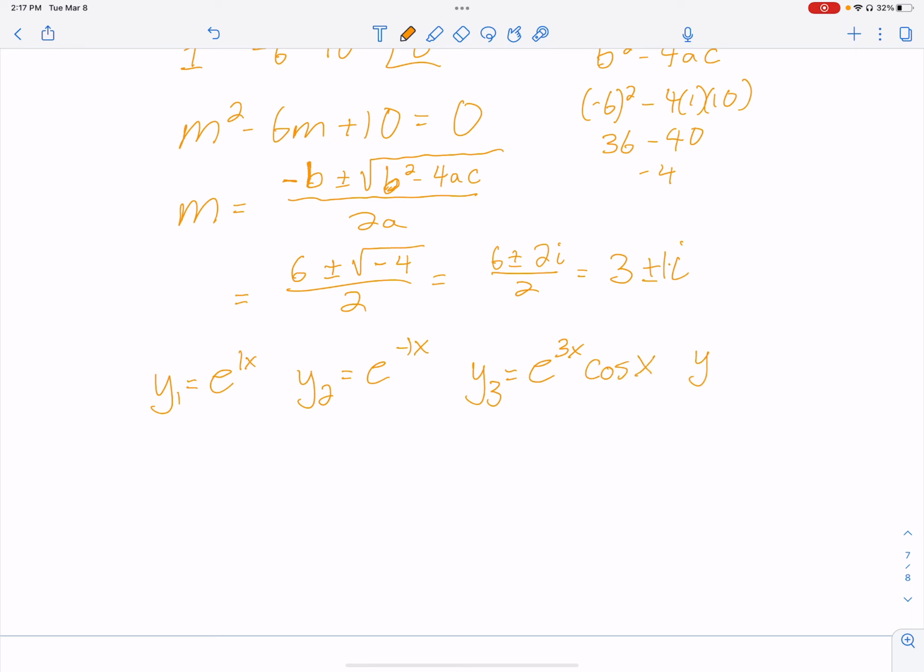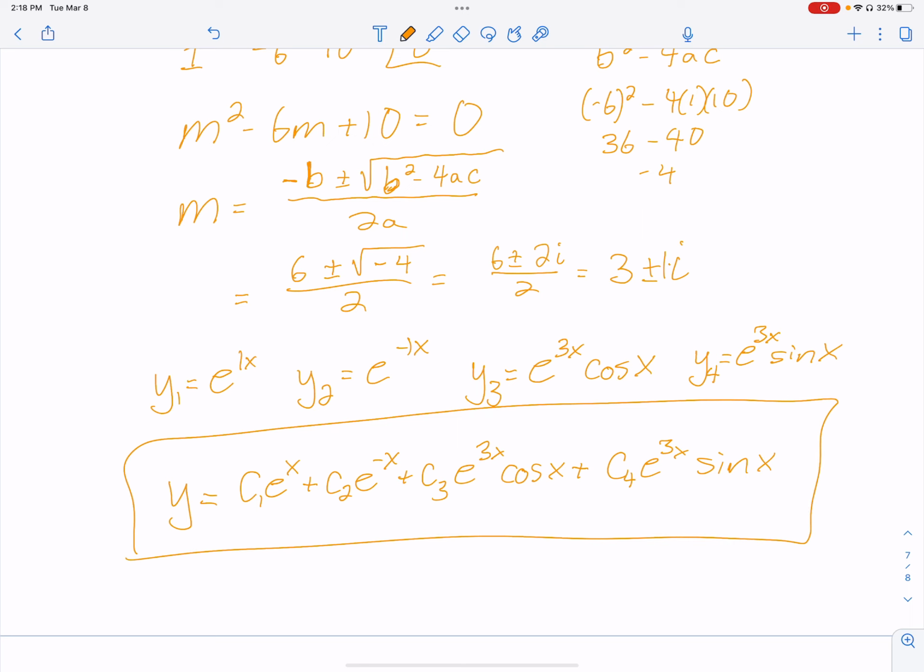And then y4 is e to the 3x sine x, which means my general solution is c1 e to the x plus c2 e to the -x plus c3 e to the 3x cosine x, and then c4 times, I forgot the e to the 3x sine x. So there is my solution.